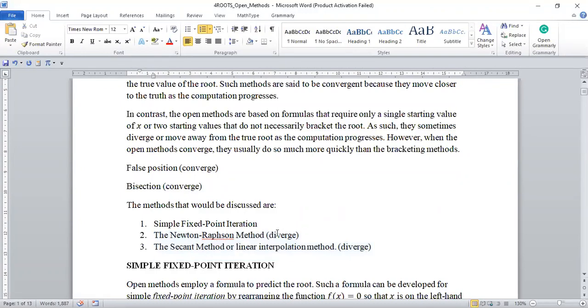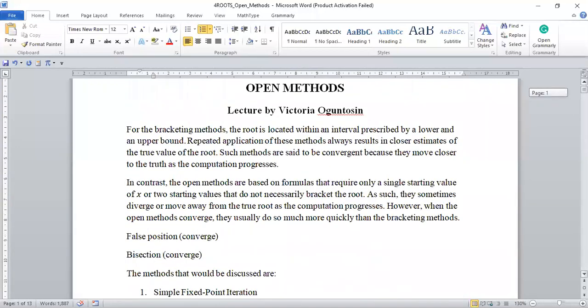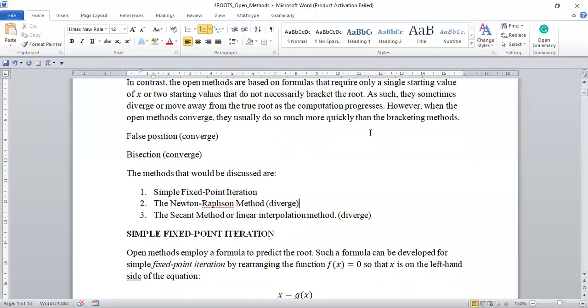The disadvantage is that they can diverge, but eventually they converge. Like the example we did, we were getting 5,000%, 2,000% error, but with more iterations, it would eventually converge. So that's the open method for finding the root.